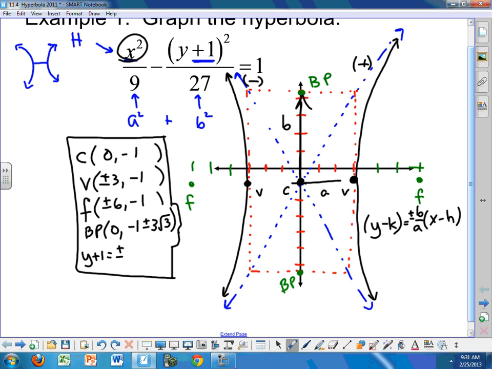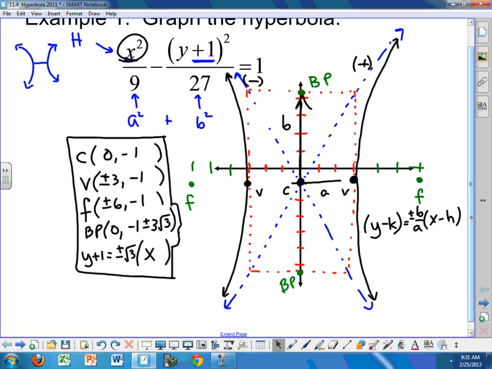So that would just make radical 3 the slope of both asymptotes, plus or minus. And that's just going to be x because there's a 0 for that one. So y plus 1 equals plus or minus radical 3x. You don't need the parentheses around the x.